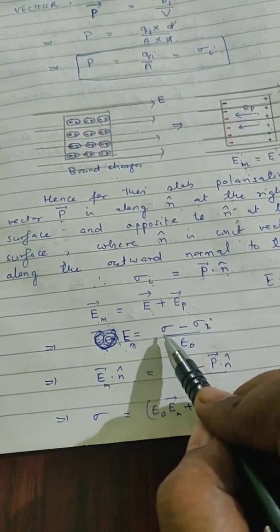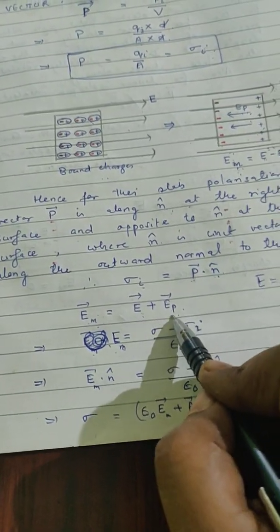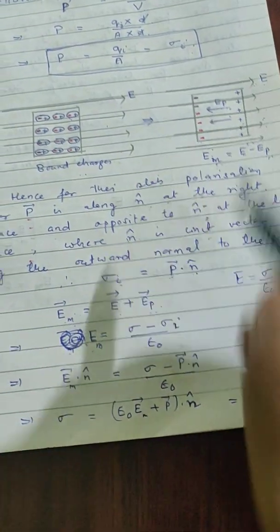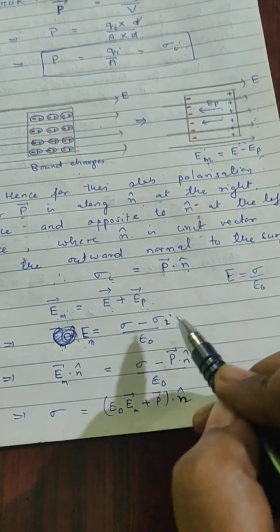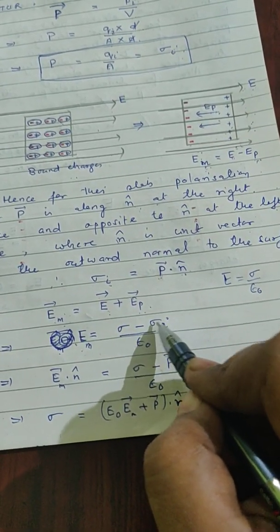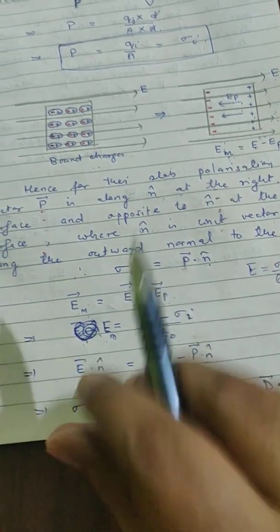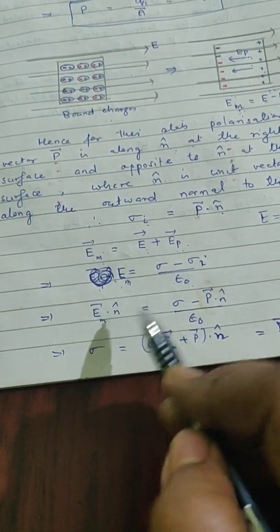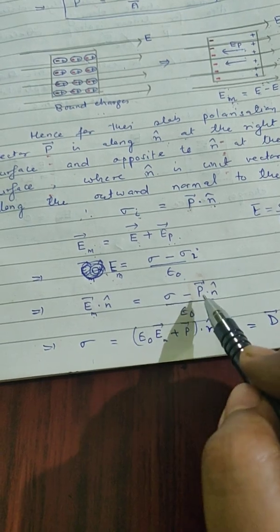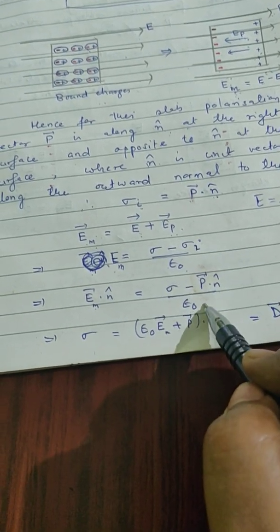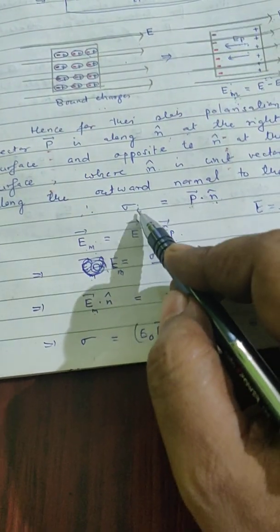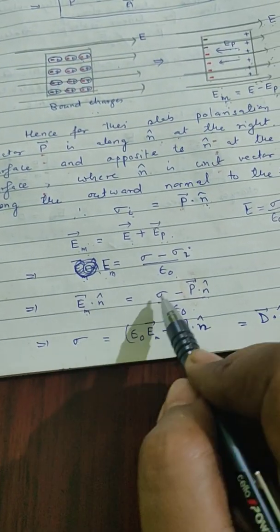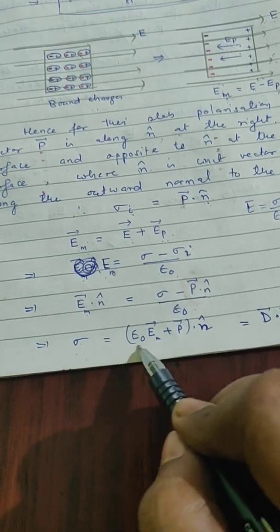So this is sigma by epsilon naught, and the field due to polarization which opposes the external field can be expressed as the ratio of the induced surface charge density by epsilon naught. So you have in the vector form, again I have taken it, and I can express this as sigma minus P dot n by epsilon naught, because we have already written sigma_i as P dot n, and hence the surface charge density can be expressed in this form.